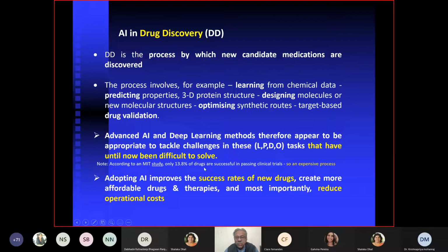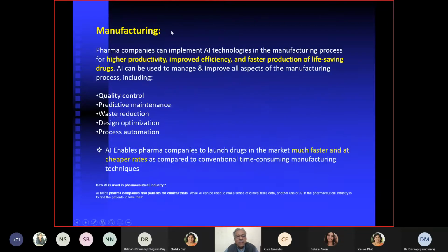To reduce this cost, here comes the adoption of AI that improves the success rate of new drugs, creates more affordable drugs and therapies, and more importantly, reduces operational cost. Similarly, for manufacturing, the purpose is to have higher productivity, improved efficiency, faster production of life-saving drugs.